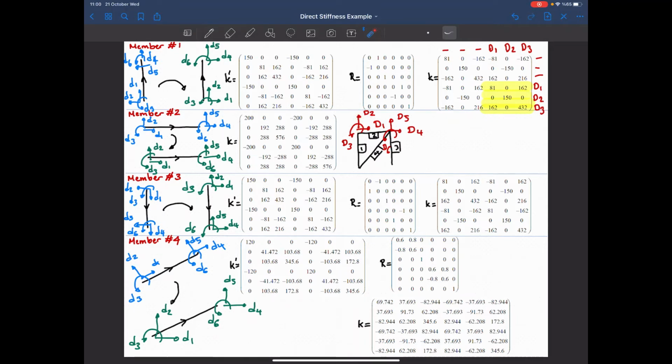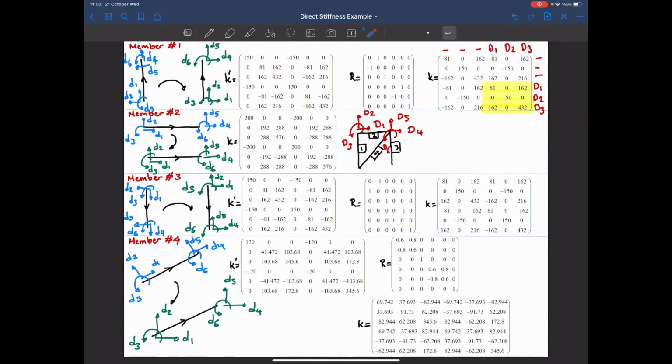How much resistance will I get from the first member? It's 150. All right. So since this portion of the structure will move, and if you just take a look at the member, it's actually only this node that will move, and these are the corresponding stiffness coefficients.